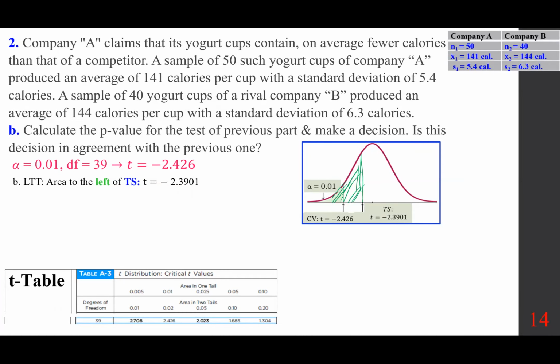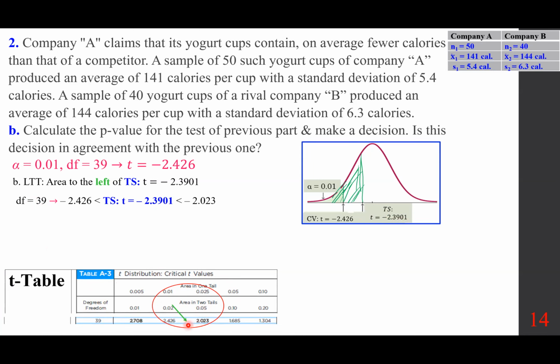But as far as the table is concerned, take a look at this table. Notice this is the number we are looking at. Degrees of freedom is 39, so you go to the left column and look for 39. We are looking for negative 2.3901. It doesn't exist here, but clearly it's between these two numbers. You look at the positive portion of it, it doesn't matter.